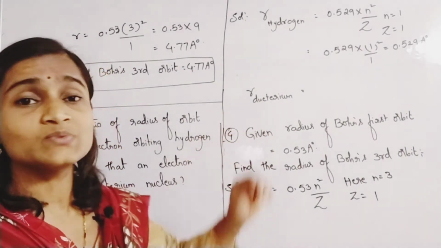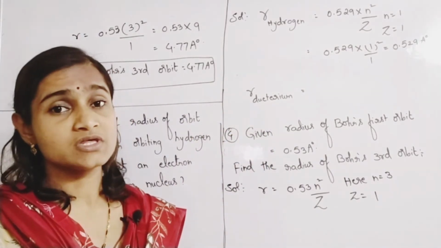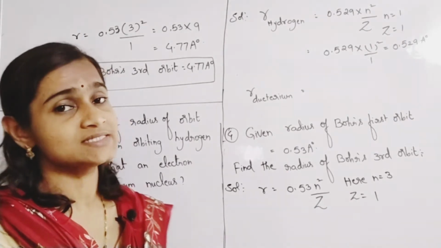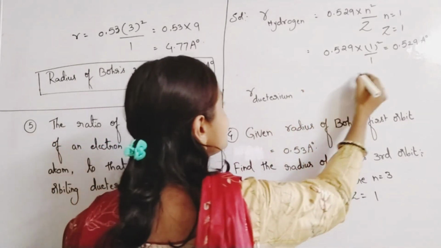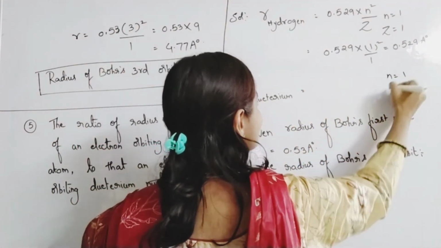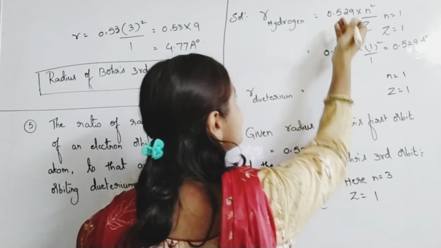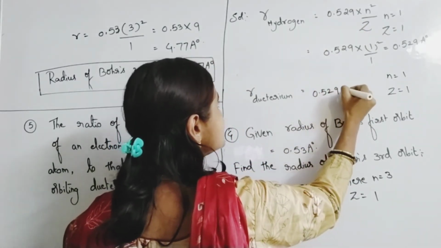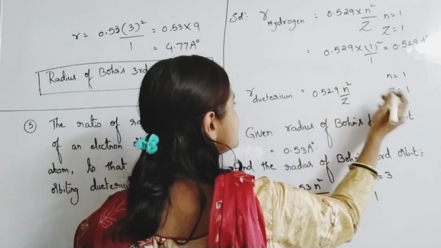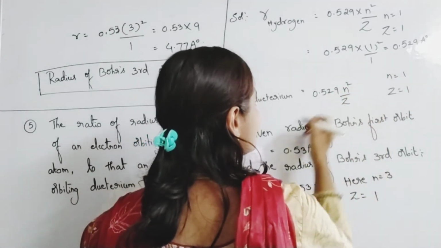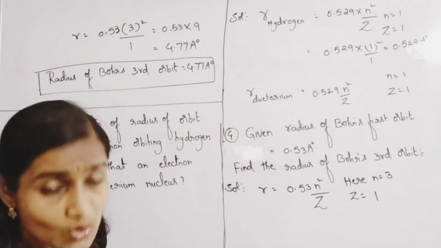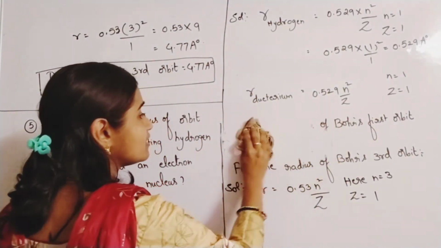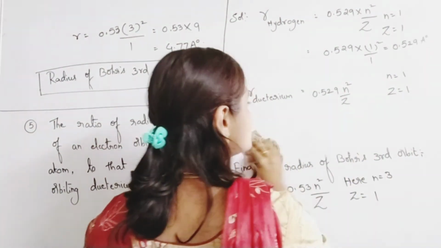Here deuterium is one of the isotopes of hydrogen, which has the same atomic number but different mass number. So n value is 1 and z value is also 1. Here both n and z are 1, so the radius of deuterium is also found to be 0.529 only.